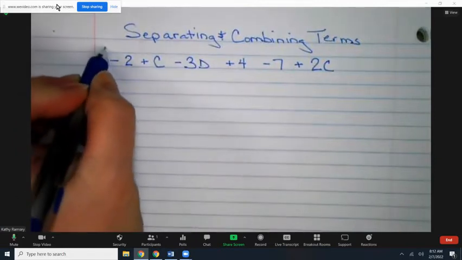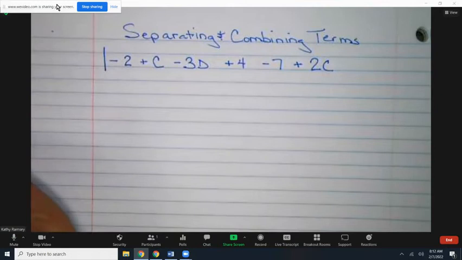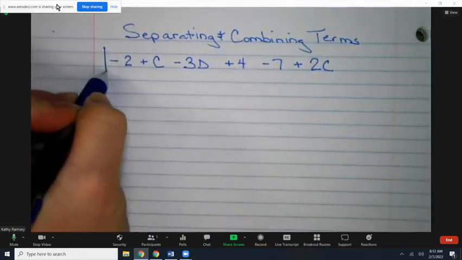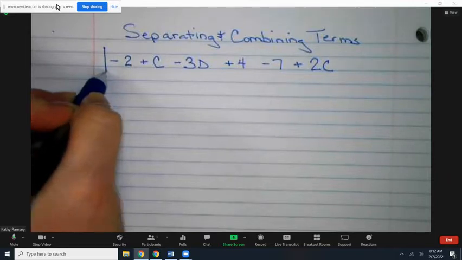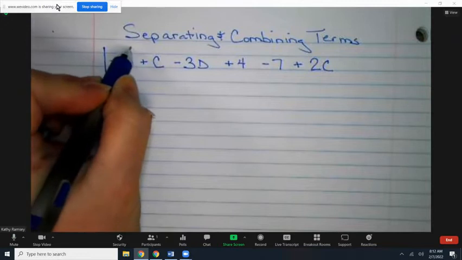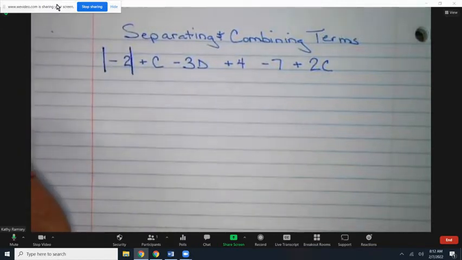So I'm going to draw lines between each set of terms. And I'm going to make sure my line goes above and below the line so I don't accidentally think it's a 1. So there's 1, and we're going to stop behind the number or letter.